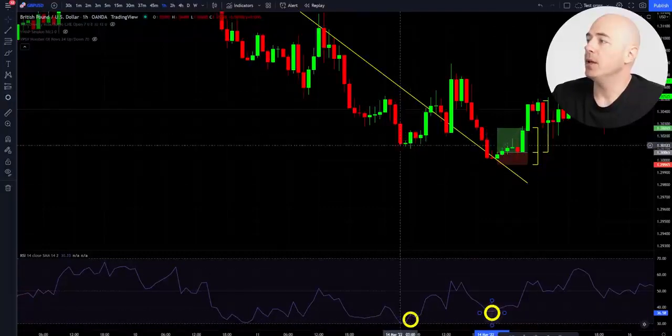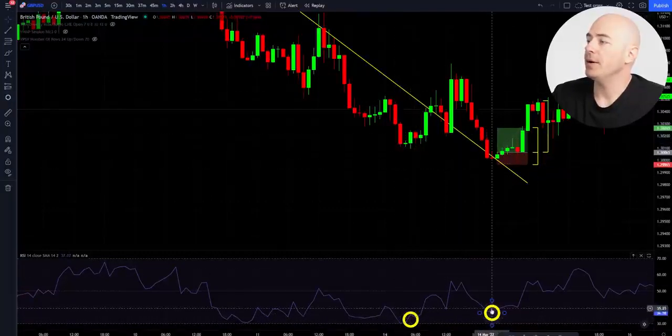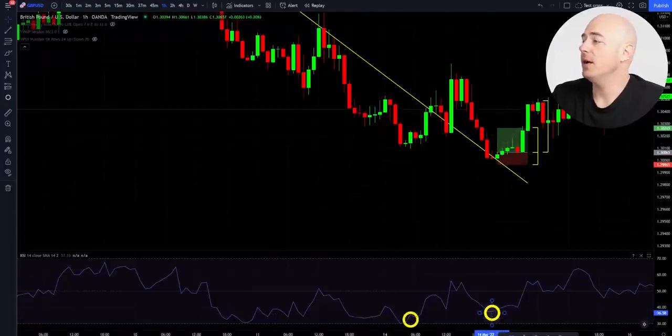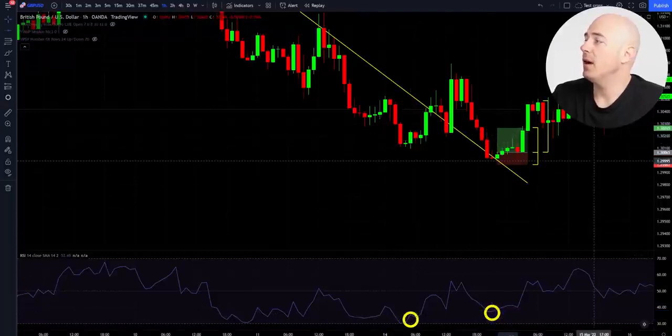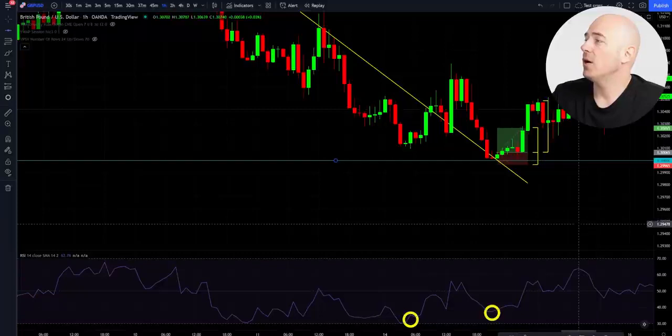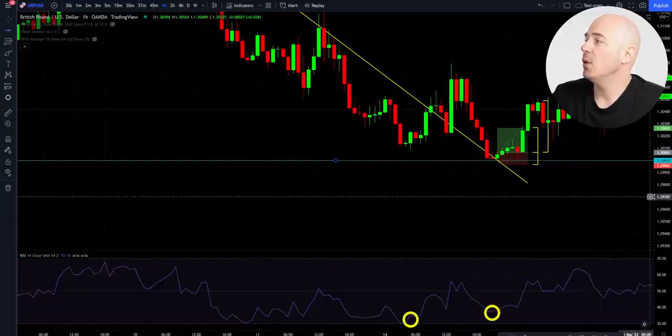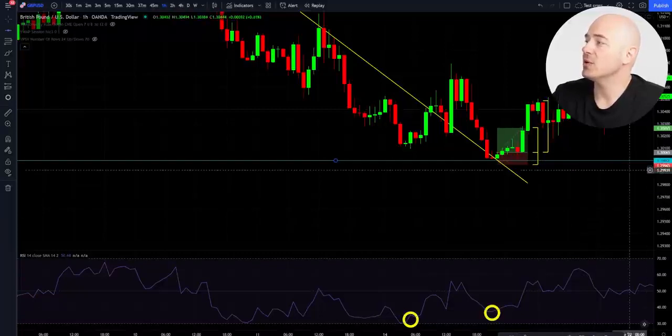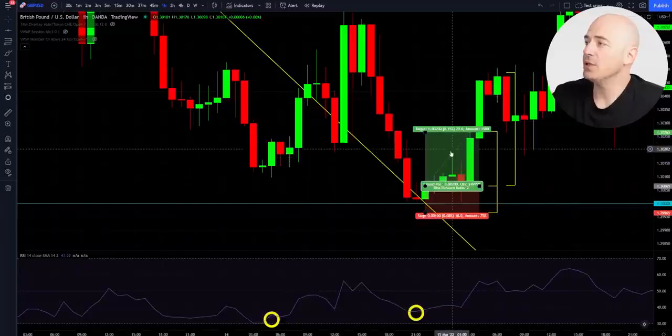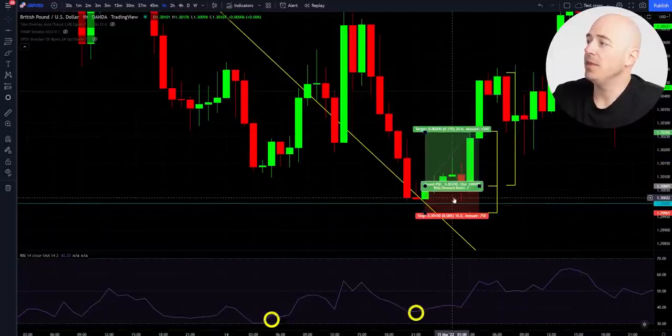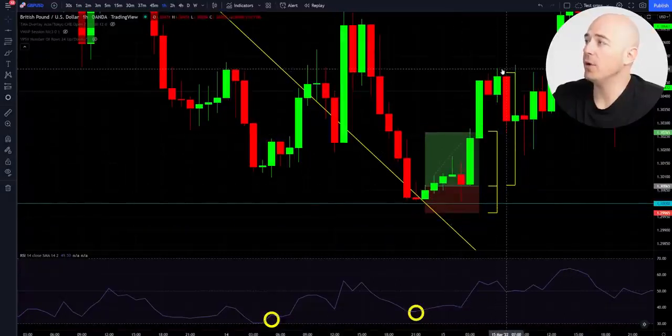Boom, boom, lower, lower, higher. Not only that, but a very important level on GBP USD are even numbers. 1.3000. The trade I made right here was just for 20 pips with a 10 pip stop loss. That happened relatively quickly. The overall move at night was about 45 pips.